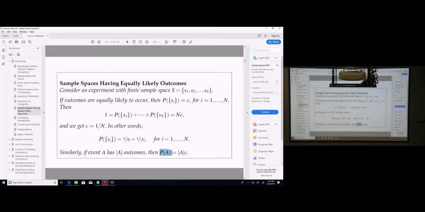In computer science, sometimes people are interested to see whether a certain statement has a solution. And they care about whether a solution exists or not. And if the entire thing is equally likely, and if they are able to show that the probability is positive for that particular statement, then that means the event A will not be empty. So that means there is at least one solution.